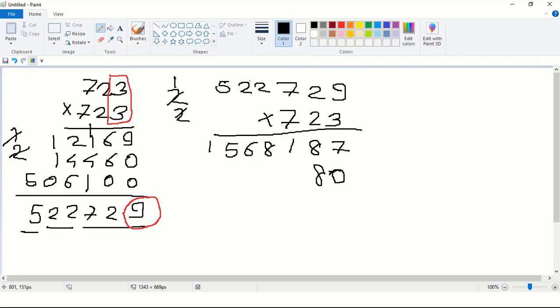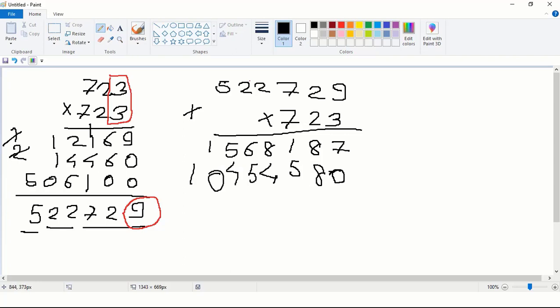Now 2 into 2, 4 plus 1, 5. Let me adjust the screen for my calculation purpose. Now 2 into 7 is 14. 2 into 2, 4, 4 plus 1, 5. Now 2 into 2, 4. Now 5 into 2, 10.